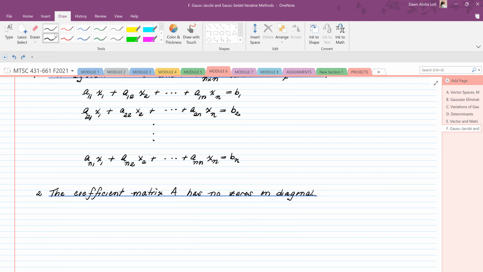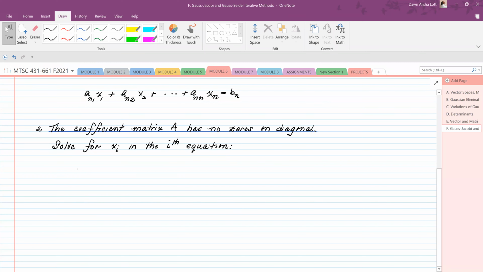So we're going to solve for x1 in the first equation, x2 in the second equation, so we're going to solve for xi in the ith equation. Okay, so what does that look like?